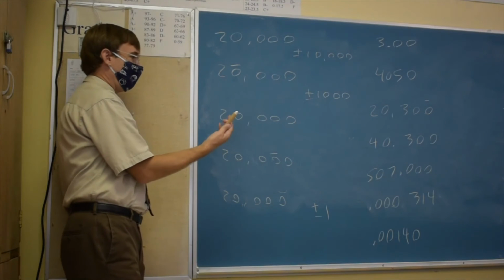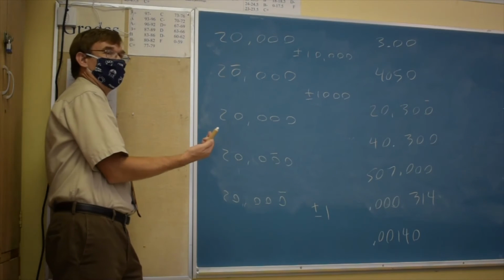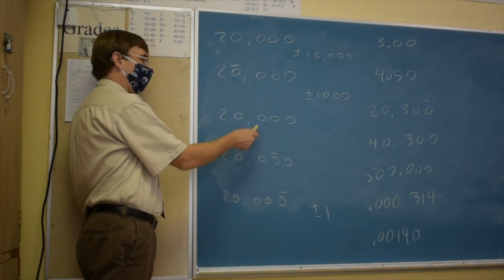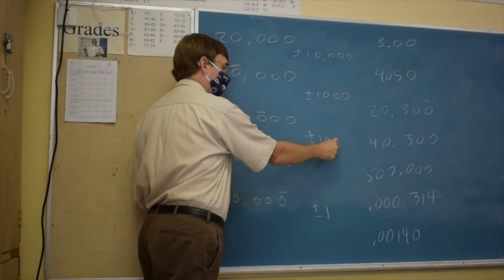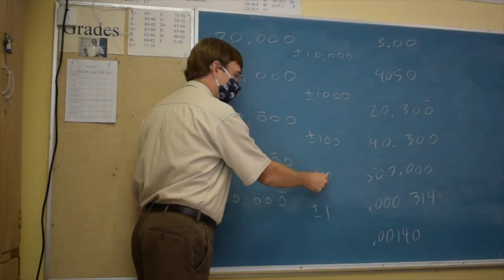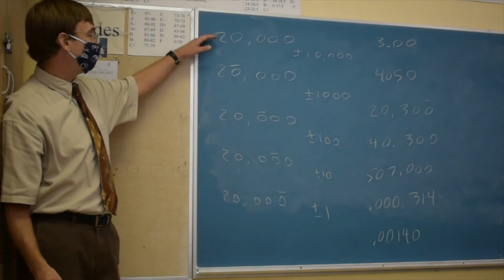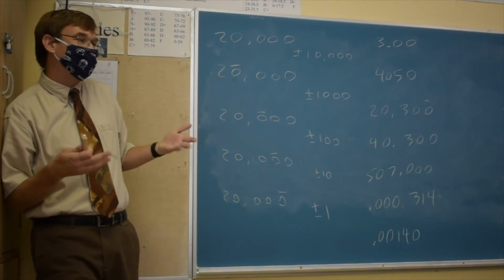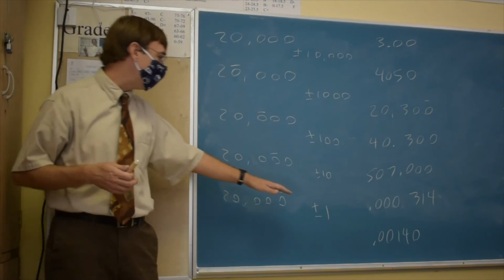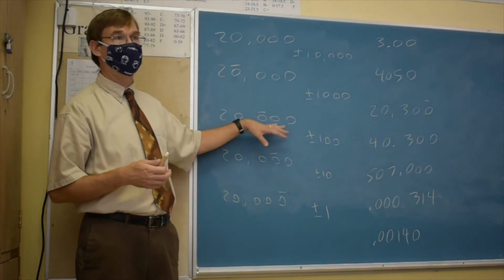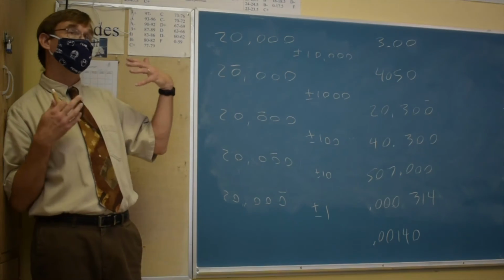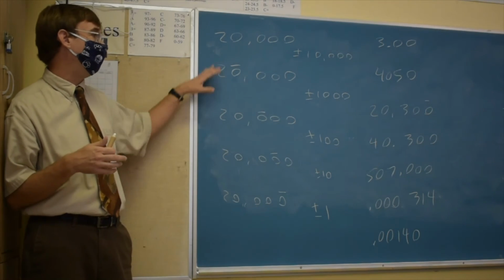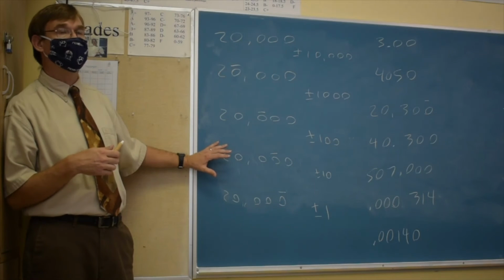If I'm like, hey, I got 20,000 of something, but I might have mismeasured by 100, that's how I could show you I might have mismeasured by 100, or I might have mismeasured by 10. Okay. All of these have 20,000 as their best answer that we could give, but they have a different degree of how sure we are. Okay, that's what significant digits are for, is to illustrate not just what you think you measured, but how sure are you about it. Question about that concept.